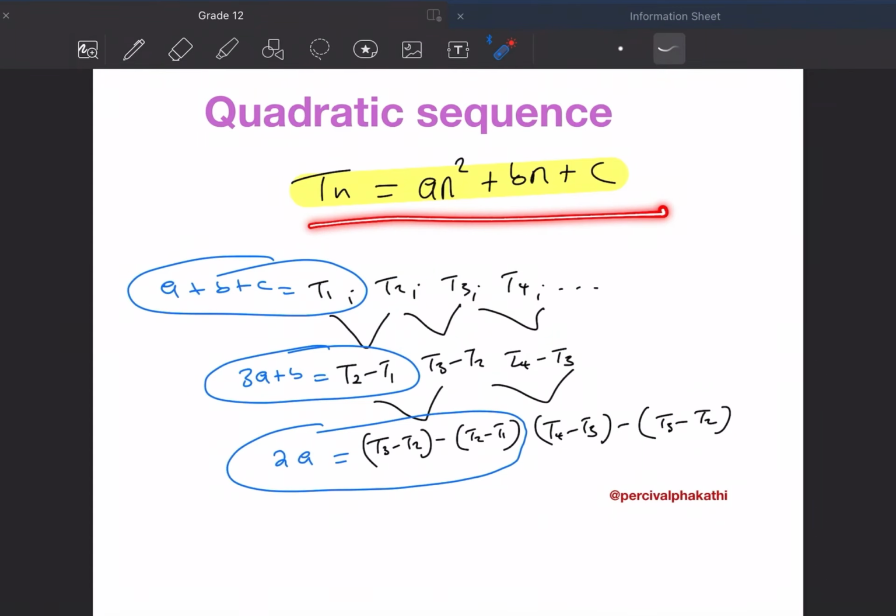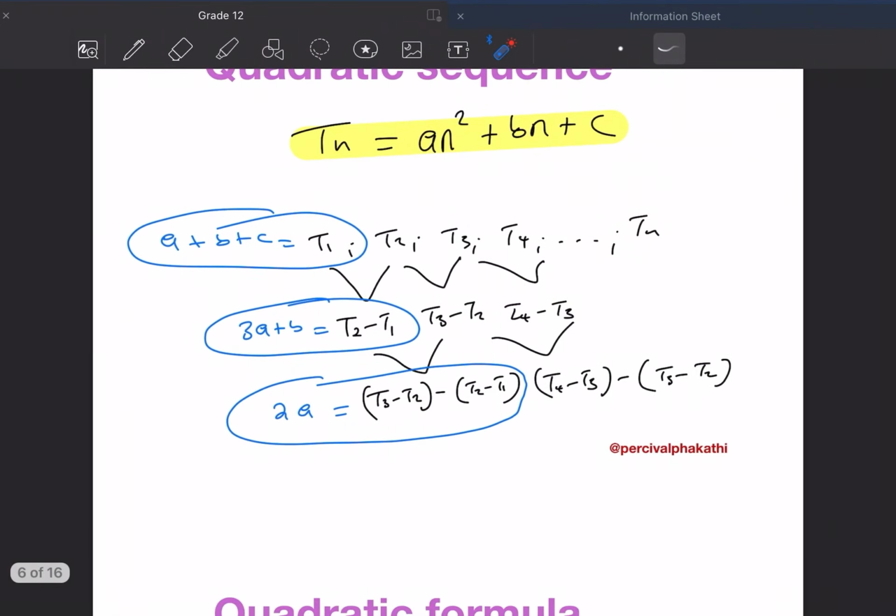That's a quadratic formula. And we know that you have the first term, second term, third term, fourth term, till the last term, let's call it Tn. And then you know that this is what you need to do: you always say T2 minus T1, T3 minus T2, T4 minus T3 to get your first difference.